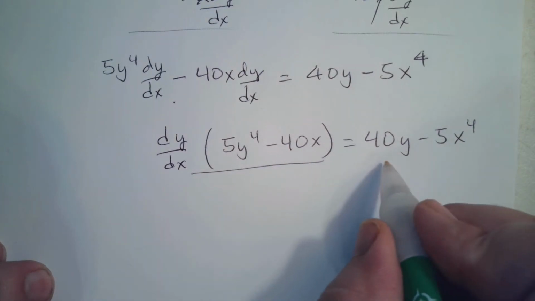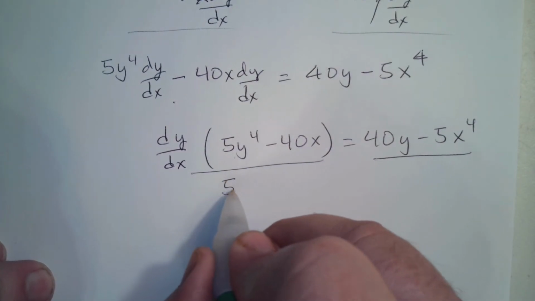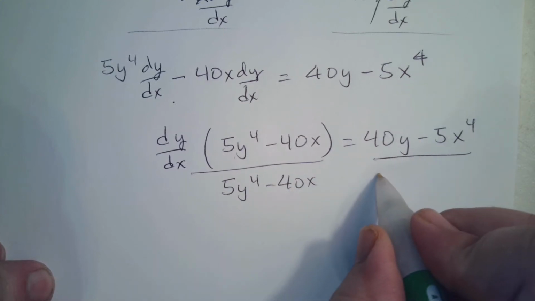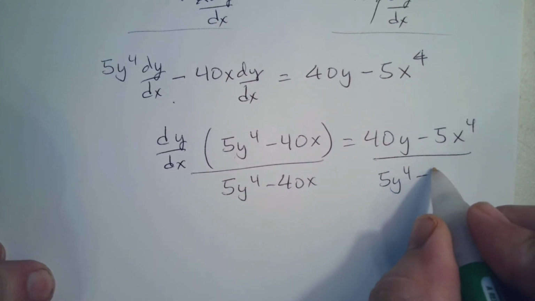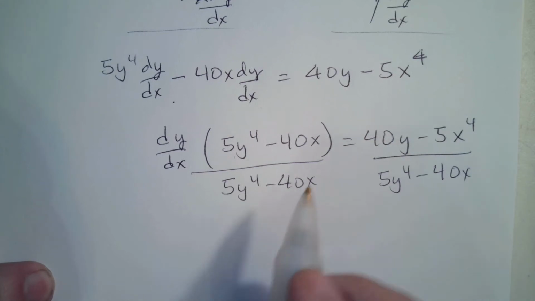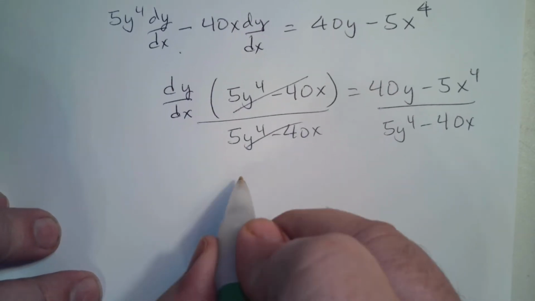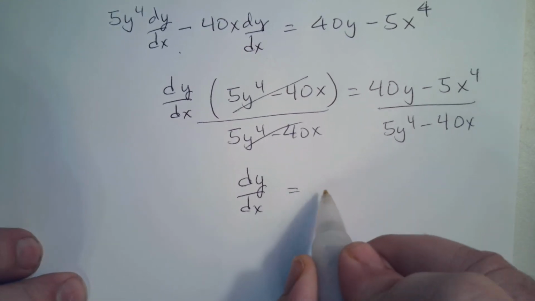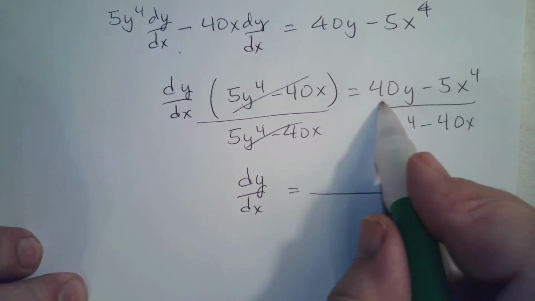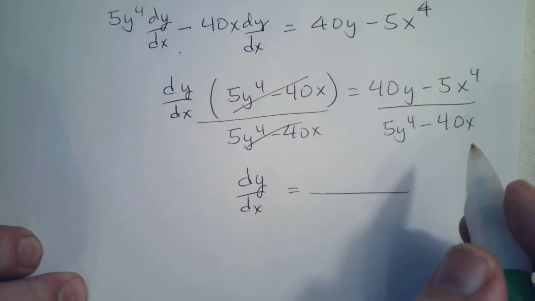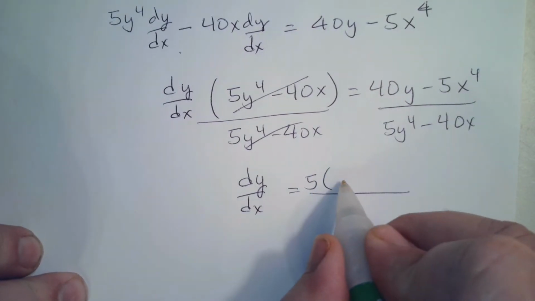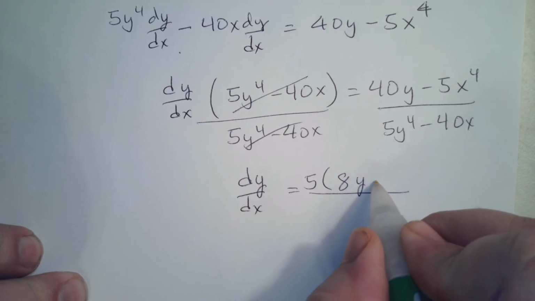Divide both sides by 5y to the 4th. So those cancel, leaving me with dy dx. Now they all have a 5 in common. 5 goes into 40 8 times.